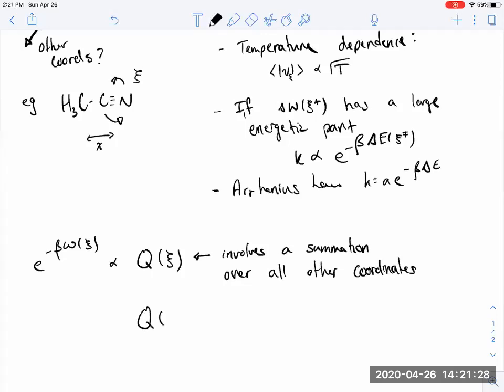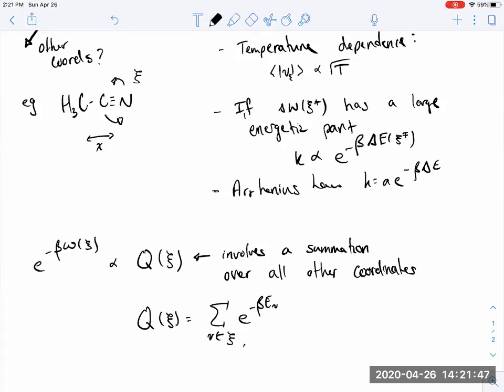Namely, if I was going to try to compute that partition function, I would take the Boltzmann weight of some microstates, and I would sum over microstates with some fixed value of that reaction coordinate, but that necessarily means that I sum over all other coordinates that are not being fixed.